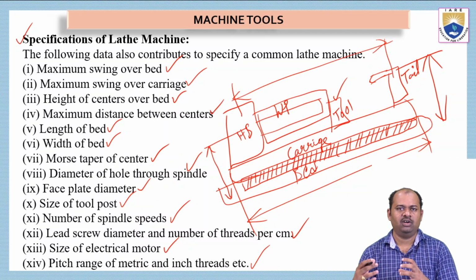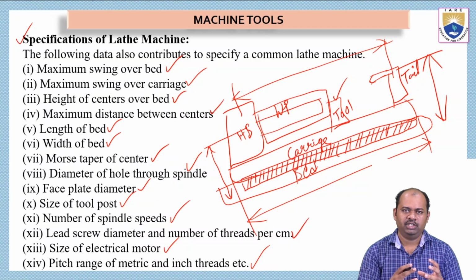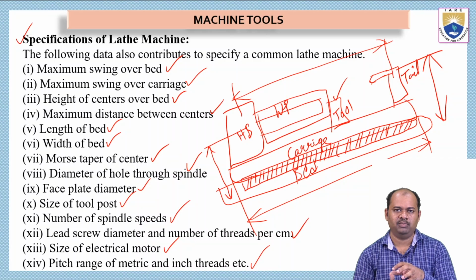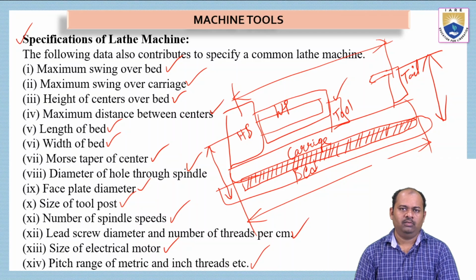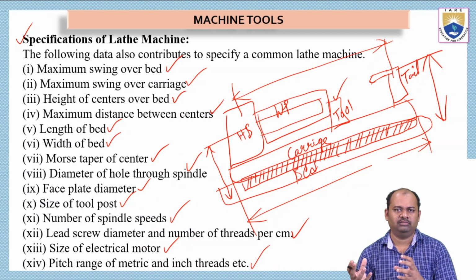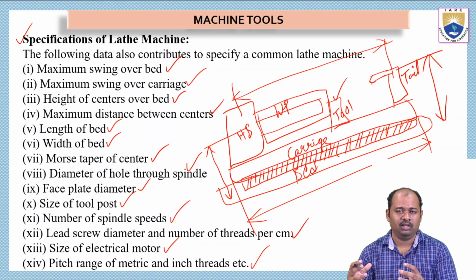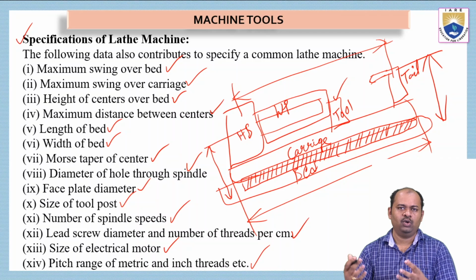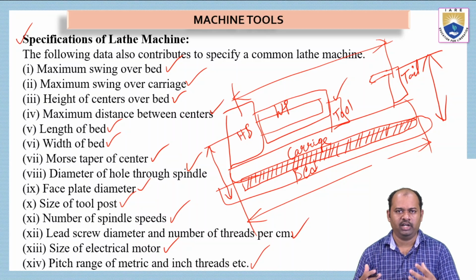If I want to do machining operations on this 10 mm workpiece on a lathe machine in which the chuck has a maximum diameter holding capacity of about 9 mm, I cannot use this lathe machine because my workpiece is bigger. For getting a 10 mm workpiece, I have to take an 11 mm workpiece, because after machining I will remove the 1 millimeter. So I will take a larger lathe machine which can hold larger diameter workpieces, for which I need more power and more energy.